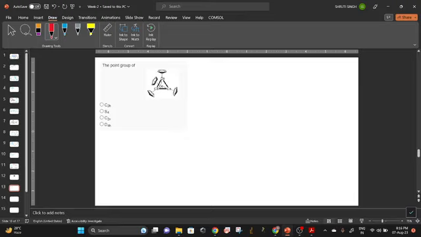Okay, they have drawn it. And symmetry elements? It is not very clear, but I have put S4. If it is tetrahedral, then why is the point group not Td? Tetrahedral itself.